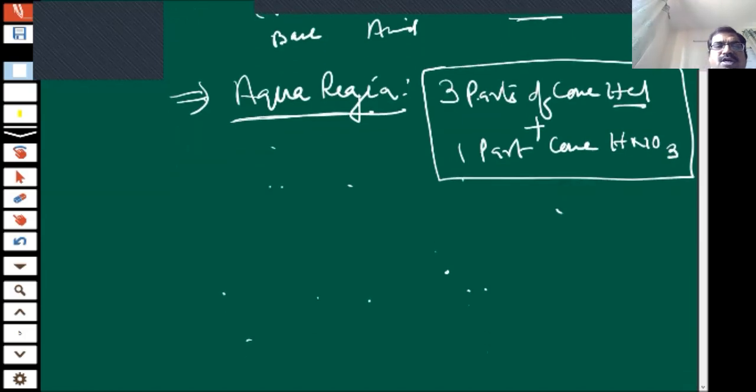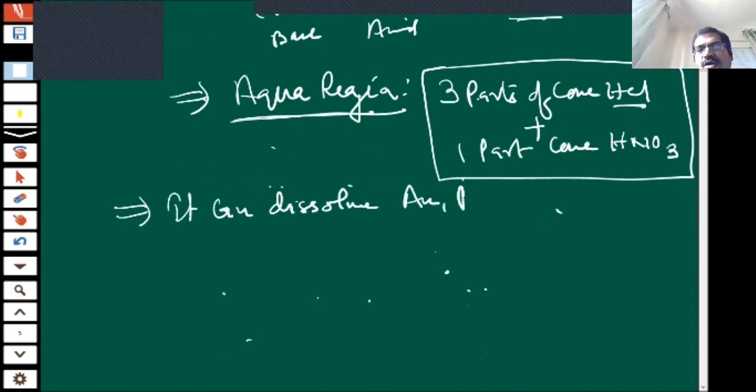Why aqua regia? What is the use of aqua regia? It can dissolve gold and platinum. Till now, no reagent was there to touch gold and platinum, but aqua regia has that capacity.